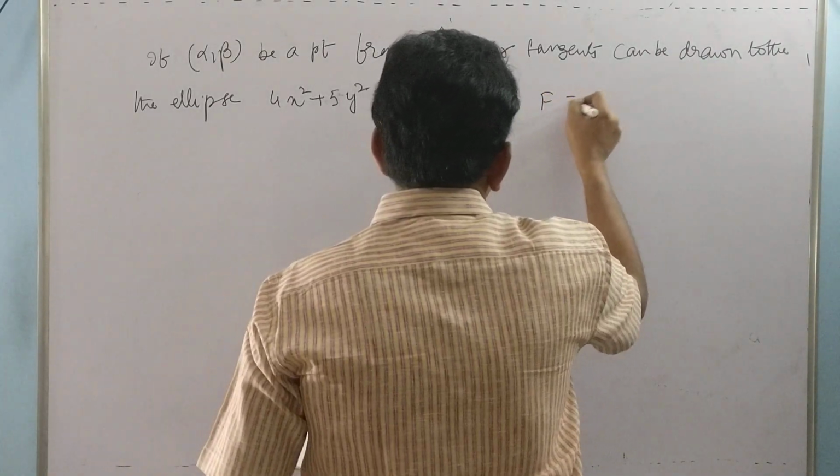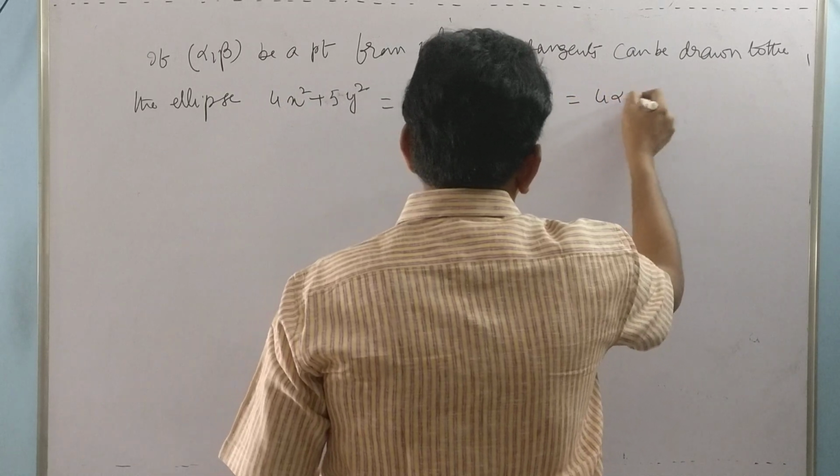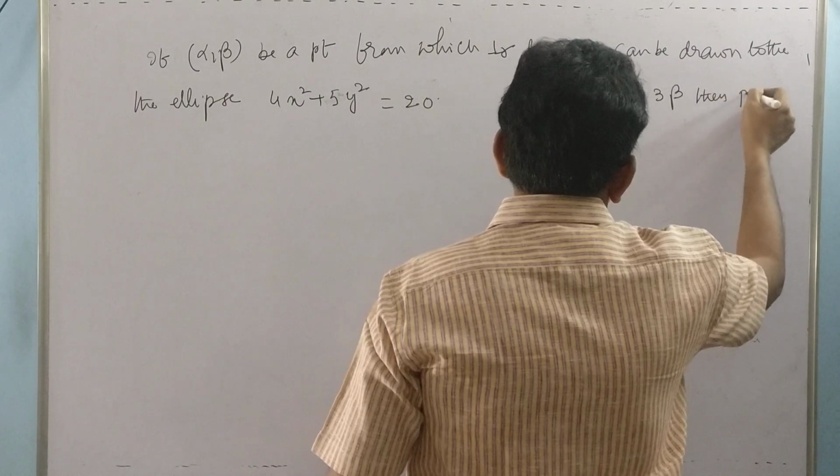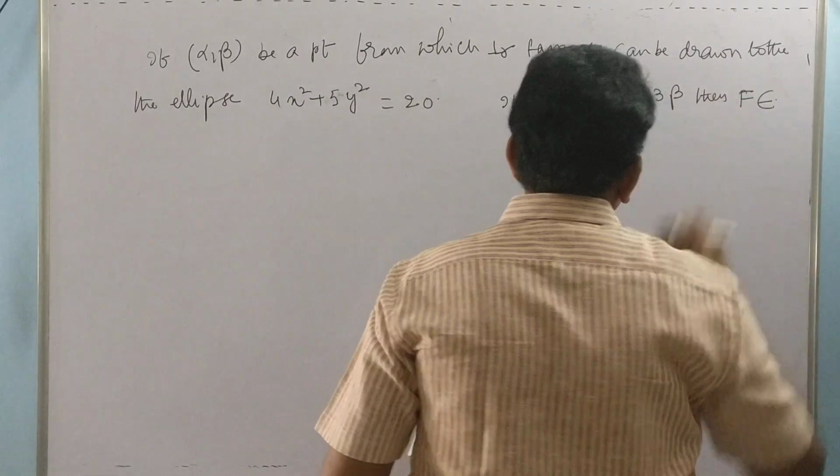If f is equal to 4 alpha plus 3 beta, then the range of f belongs to.